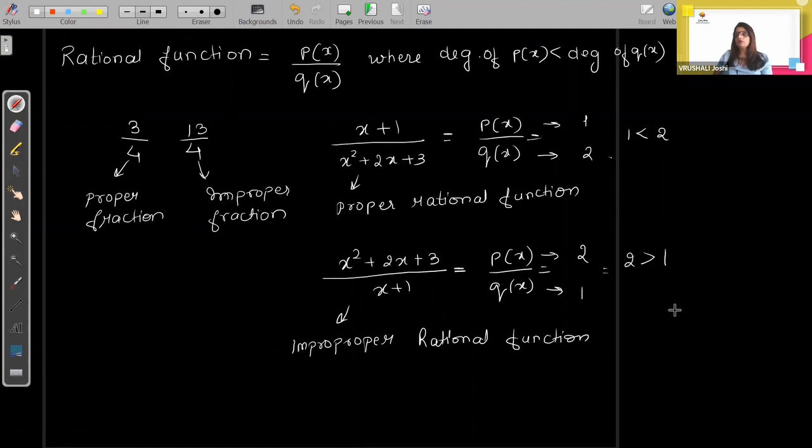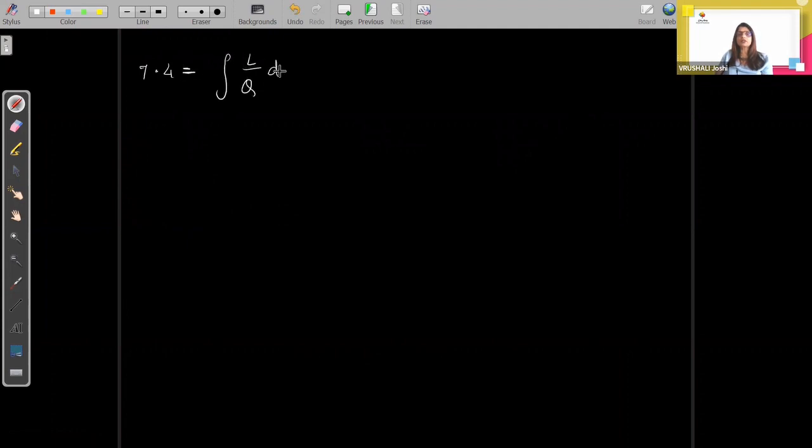See, if you recollect, in the last class we already saw what proper functions are. We have already done the integration of proper functions. Didn't I tell you, in 7.4 we handled integration of a linear expression by a quadratic expression, correct?